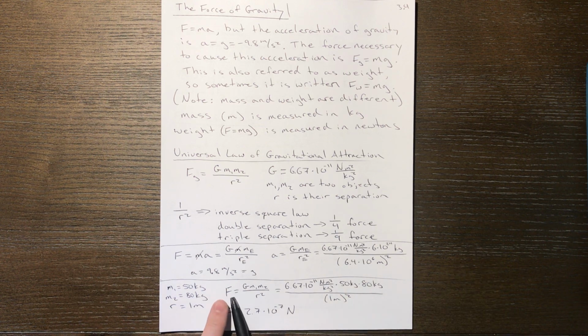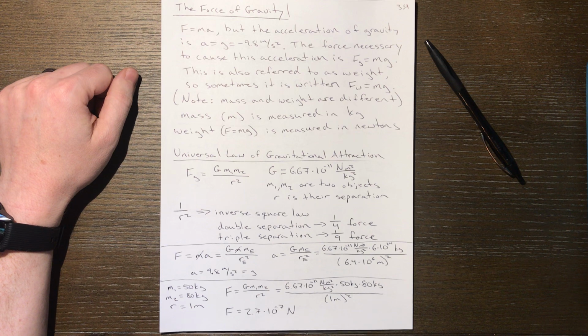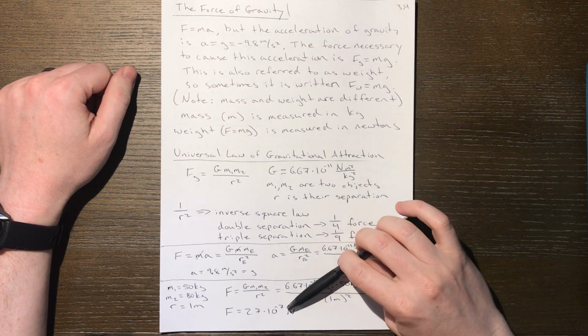Well, the force of gravity between them is G m1 m2 over r squared. So we plug those numbers in, mass 1 and mass 2, 50 and 80 kilograms respectively, separated by a meter. We find the force of attraction is 2.7 times 10 to the minus 7 newtons.